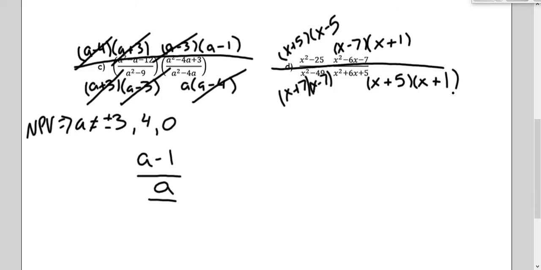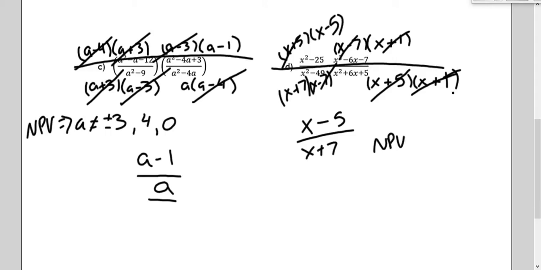This is just broken down into multiplication. So we can cross here, here, here, here, here, and here with our NPVs. So we have x minus 5 over x plus 7 with NPVs that x cannot equal plus or minus 7, negative 5, or negative 1.